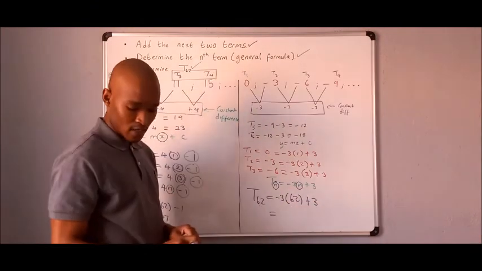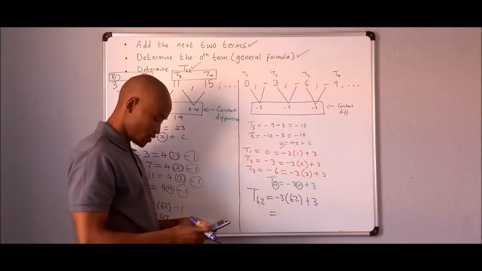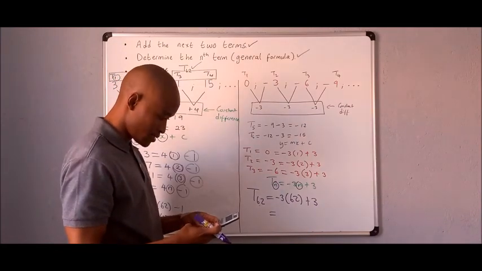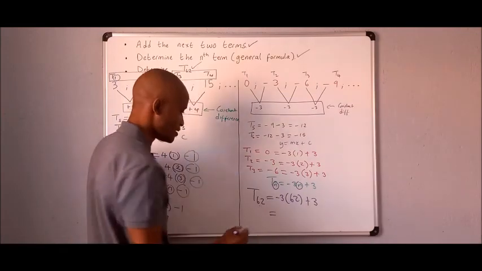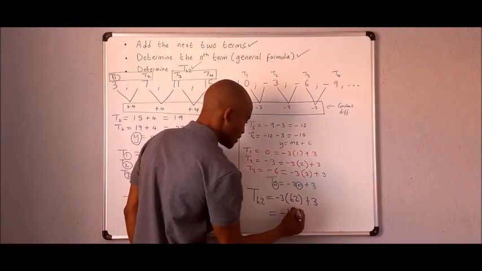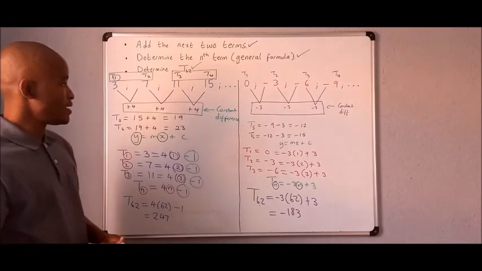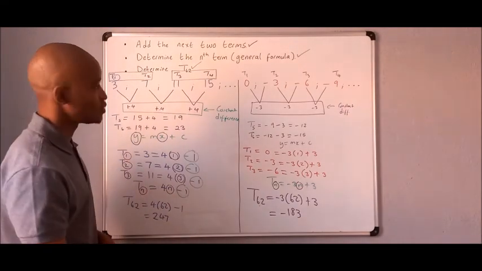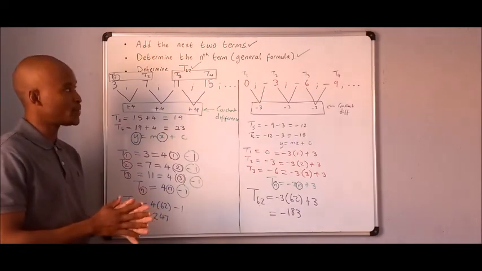Let us now check with our calculators. We have negative 3 times 62 plus 3, and that gives us negative 183.